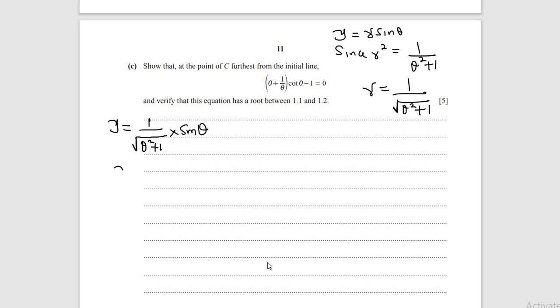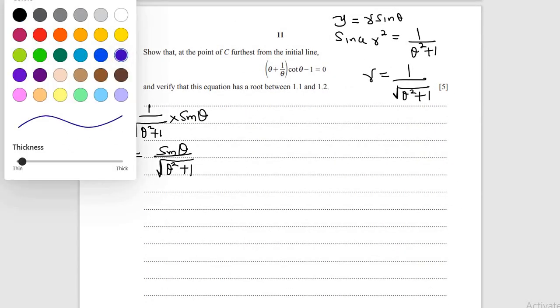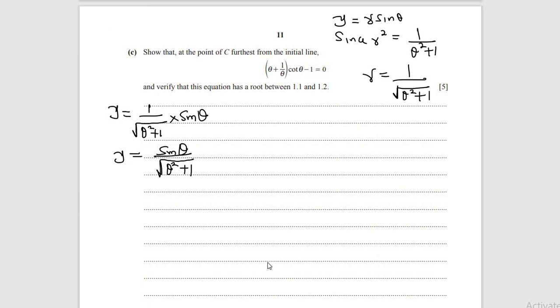The same thing as y equal to sine theta over square root of theta squared plus 1. The question mentioned furthest from the initial line. The furthest means the maximum. So at our maximum point, dy/dx is 0. So let's find dy/dx.